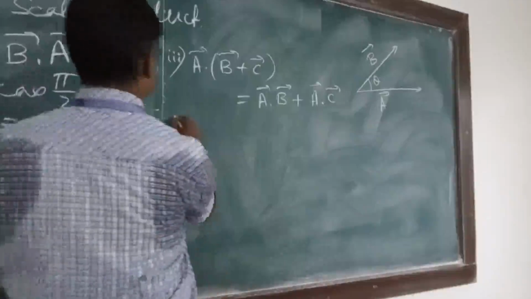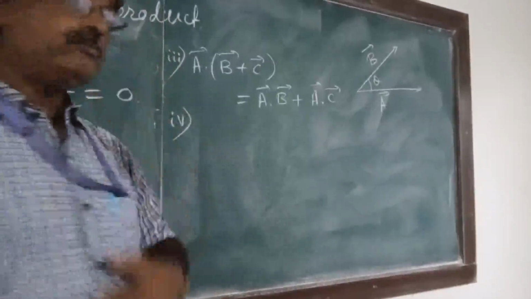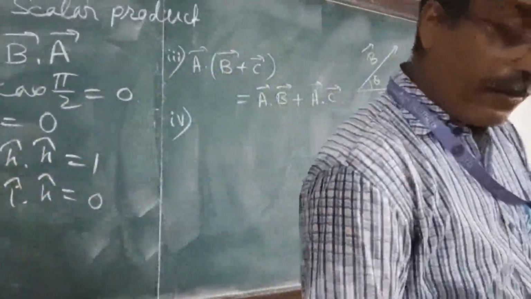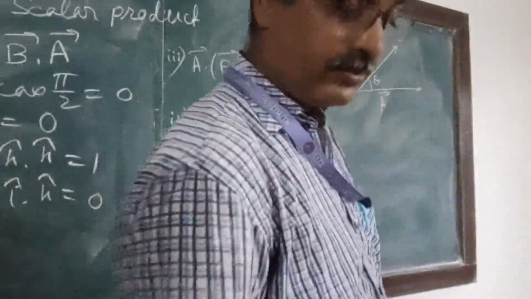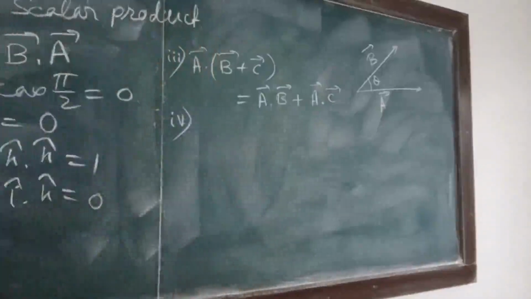Number 4. The scalar multiplication is associative.